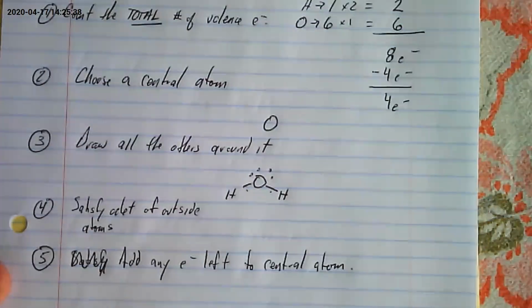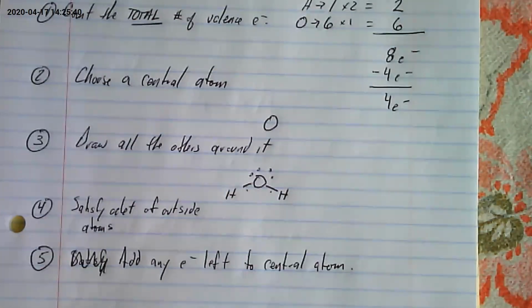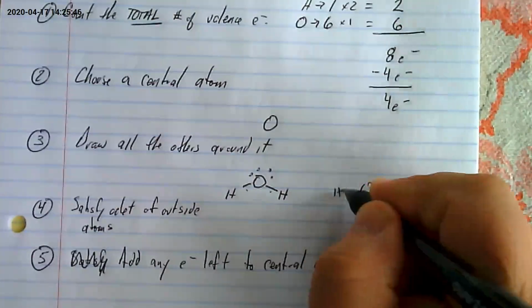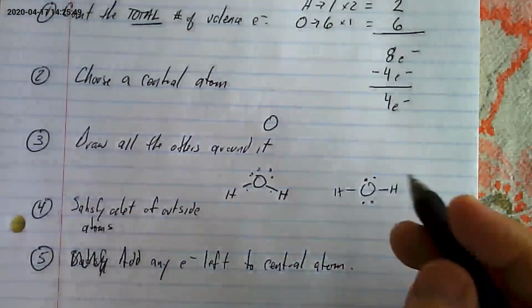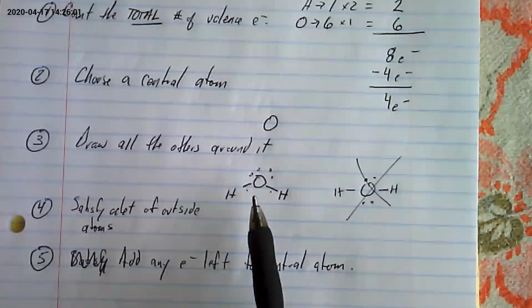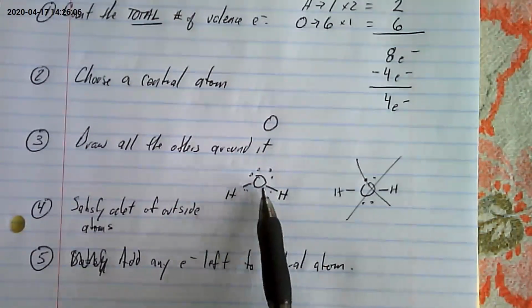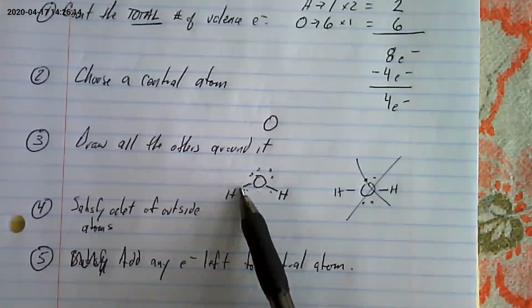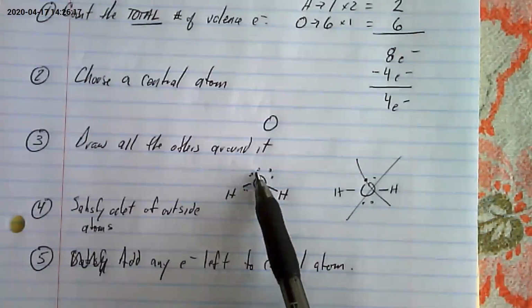Step 5, add any electrons left to the central atom. Okay? We have 4 left. 1, 2, 3, 4. Now, a quick question that should pop in your head right away. Why didn't I do that?